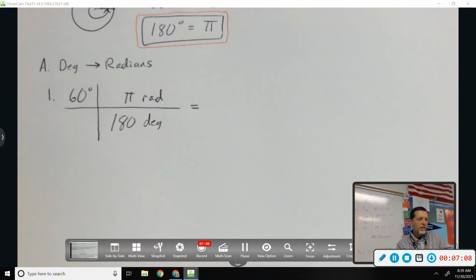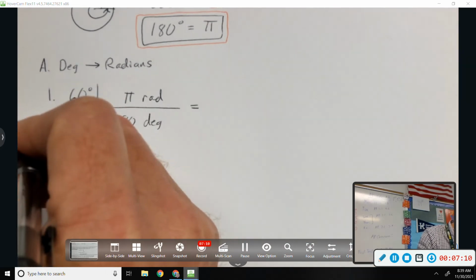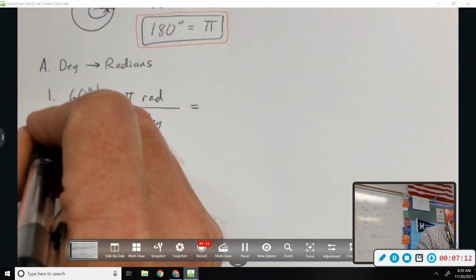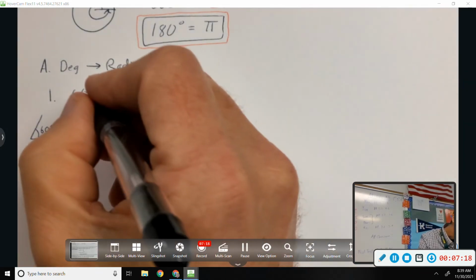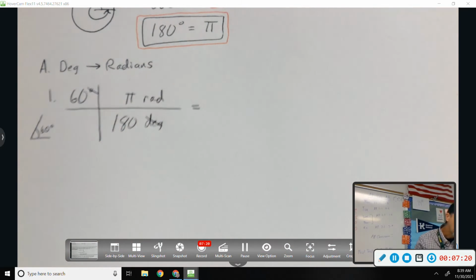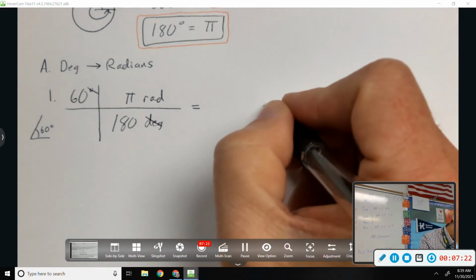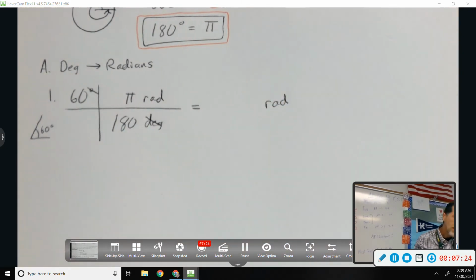So whatever 60 degrees is, we're going to change that to radians, but it's still going to be the same opening. It's just going to be a different number. Let's see. The degrees cancel. We've made that happen. We're only left with radians. That's what we want. And then 60 over 180 was 1/3.